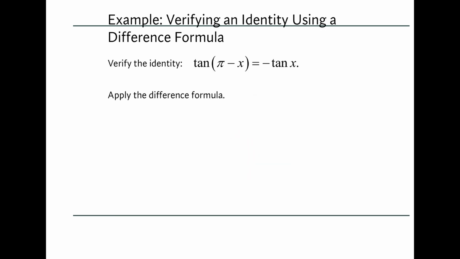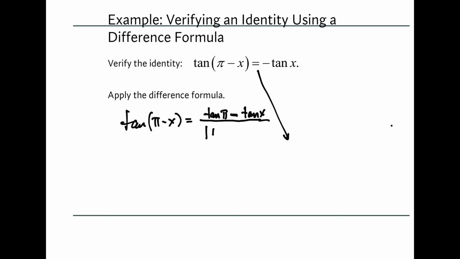So let's use that formula to verify this identity that we have with tangent. The tangent of pi minus x. And writing that out, this is the tangent of pi, and remember they match on top, so tangent of pi minus tangent of x, and then on the bottom we have 1, and it'll be the opposite sign plus tangent pi tangent x.